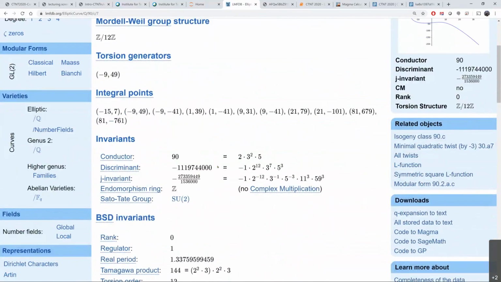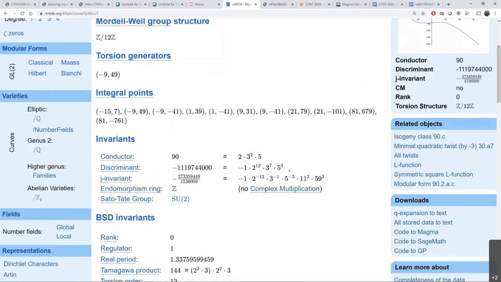The discriminant is very large in terms of absolute value, and there are 3 different primes dividing the discriminant. One might ask, are there elliptic curves with torsion subgroup Z mod 12, but where the discriminant is one prime power, like we did with some of the number fields with a different Galois group? Is there such a thing?